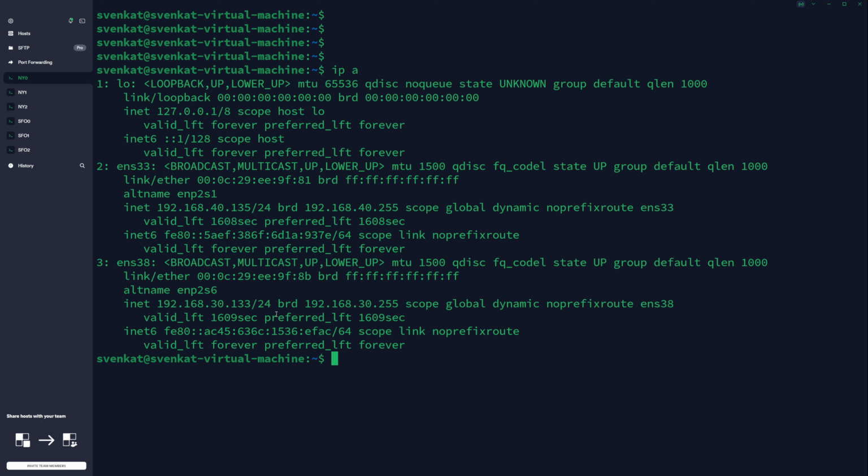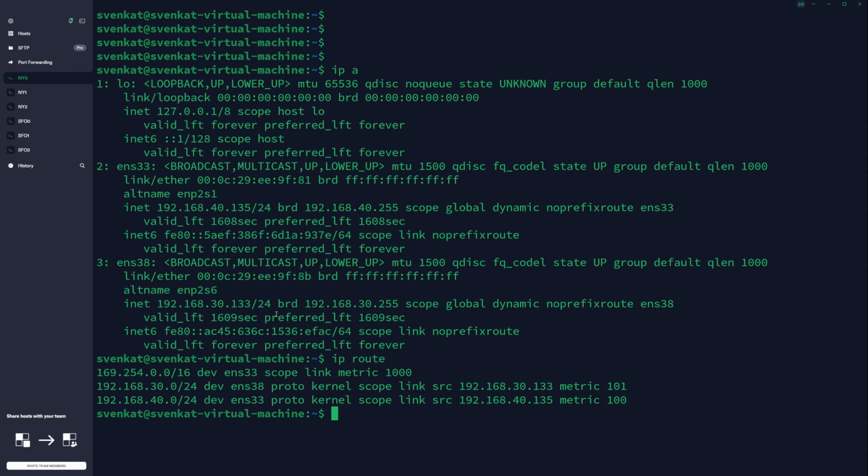Then let us look at the routes. There's a command called ip route. This output has three entries in it. You can ignore the first one. The second and third are the routes. If this computer wants to talk to anything on the 192.168.30 network, which is the New York local network, then it has to go through the ens38 interface.